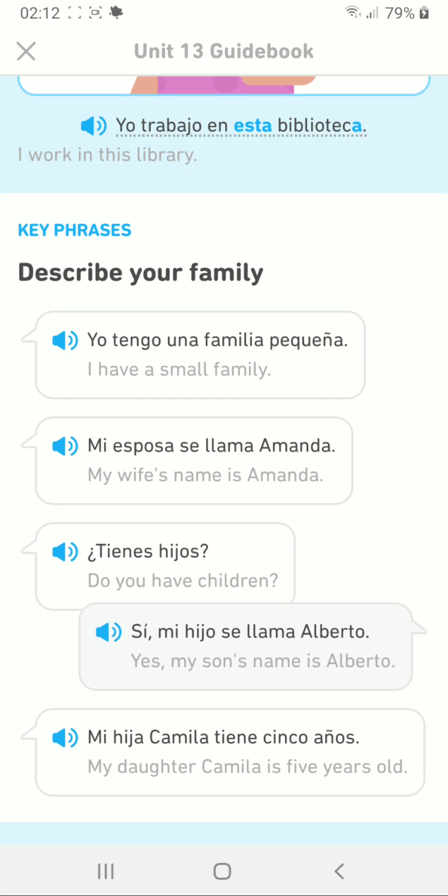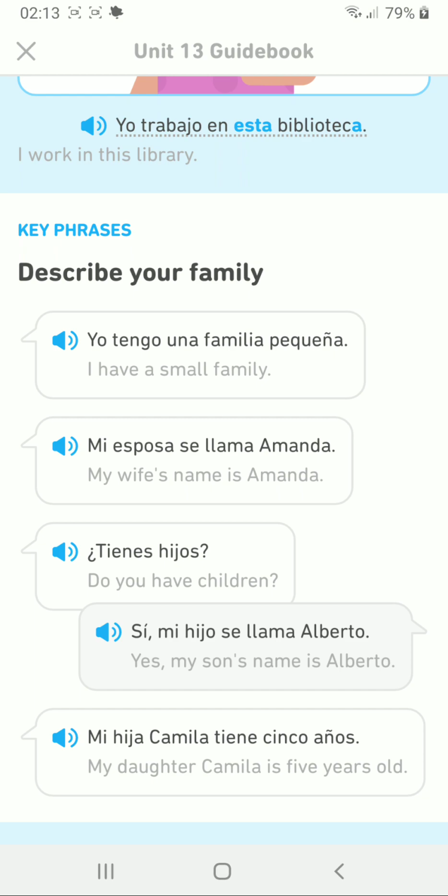Mi esposa se llama. We have seen also se llama, como te llamas, me llamo, but now se llama is because he or she. Amanda, ¿tienes hijos? Do you have children? We have seen hijo, hija. Hijo is like a son, hija is a daughter, but hijos can be sons or also children in general. Sí, mi hijo se llama Alberto.